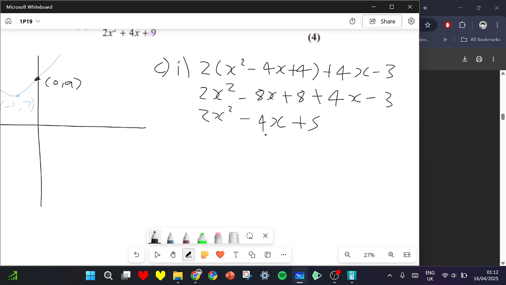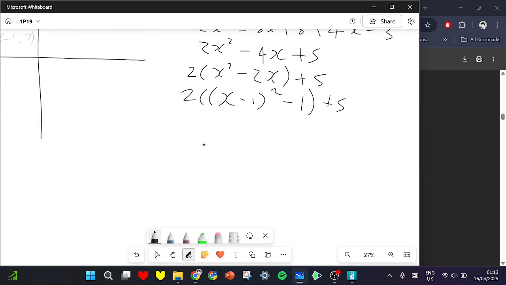And then do the same thing as part A, so take the 2 out, so that's, oh wait, that's 2x, and then leave the 5 on the outside, and then do another bracket, and then this time it's minus 2 here, so a half of that is going to be minus 1, and then minus 1 squared is going to be 1 again, and then plus 5, and then take out the minus 1 and times it by 2, so it's going to be minus 2 plus 5.